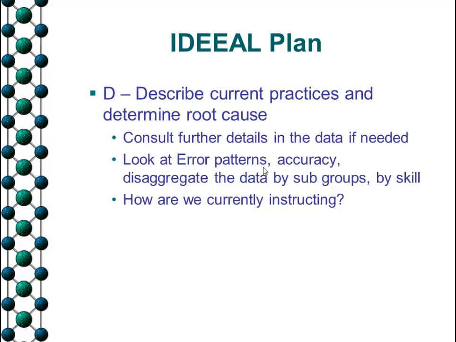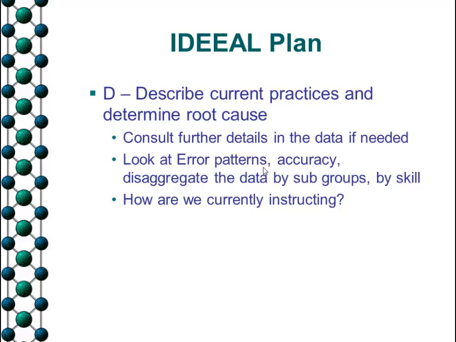Try to be as objective as you can and not look at the individual student names, because the minute we do that, we start to personalize the data, and at this point we're not ready for that intervention level planning. You might want to open up the data itself, open up a test and look at the error patterns. What is the accuracy of students in this area? Or you might want to disaggregate the data by subgroups or by skill area.